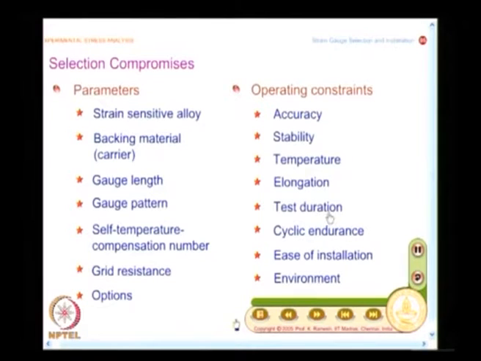Am I doing a dynamic test or am I doing a test on in situ measurements, which requires monitoring over months and years.